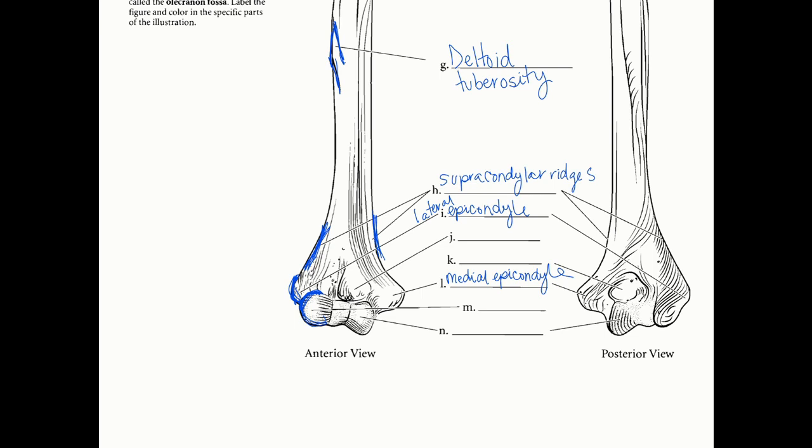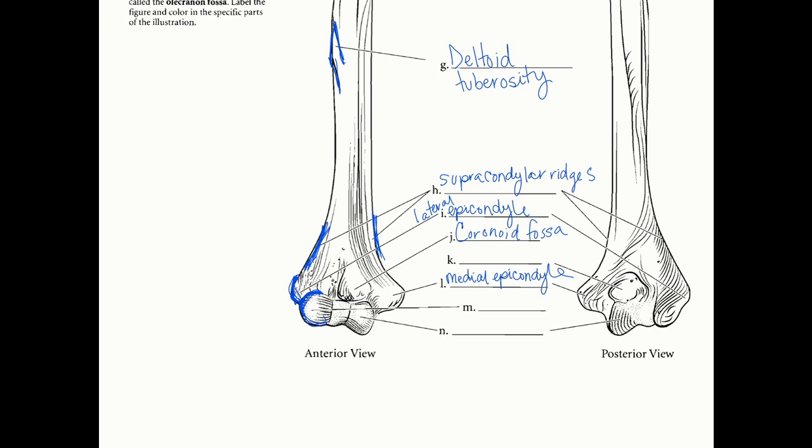When we get to J, this is our coronoid fossa. All right, so this is a divot, but it's quite smooth.